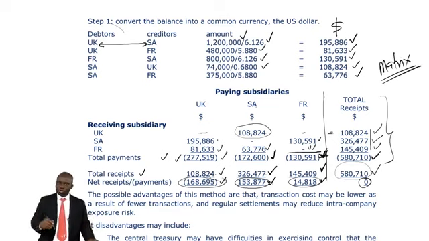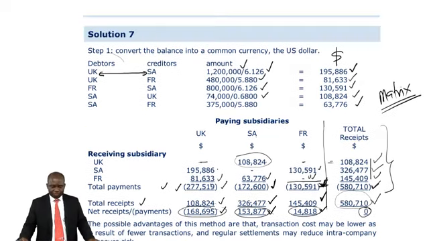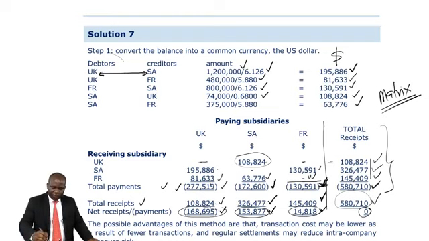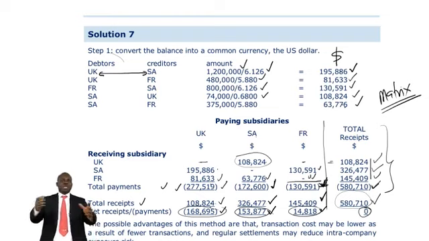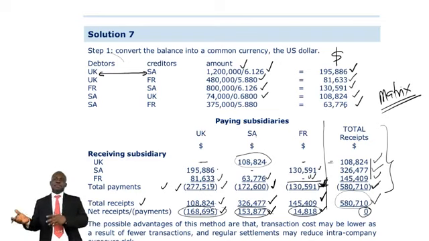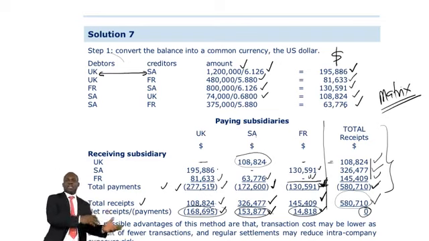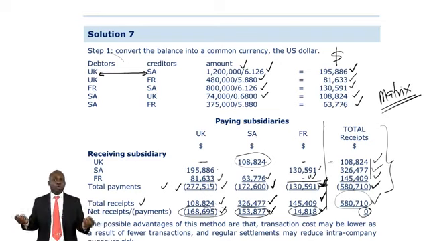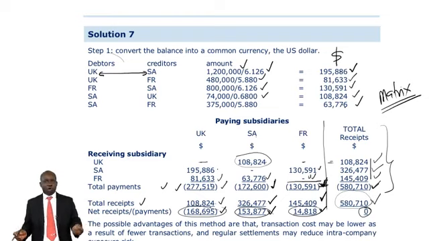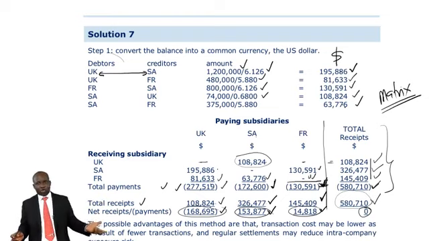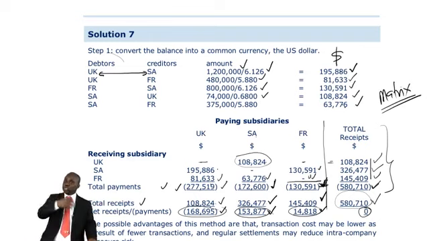If we didn't do netting, look at the number of transactions we would have done. We would have done 1, 2, 3, 4, 5. And whilst we are transferring the money, UK transferring to South Africa, South Africa transferring, all of them will involve what? Transaction or transfer costs. And that transfer cost will reduce the company's overall benefit.